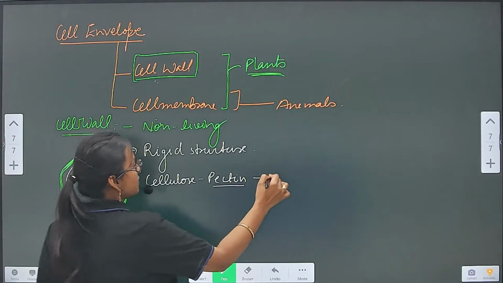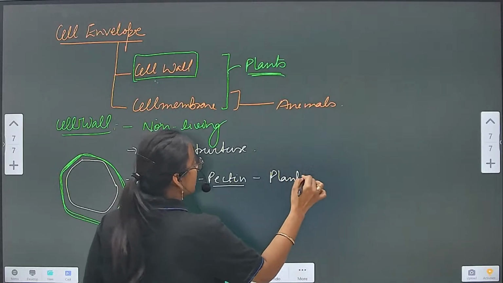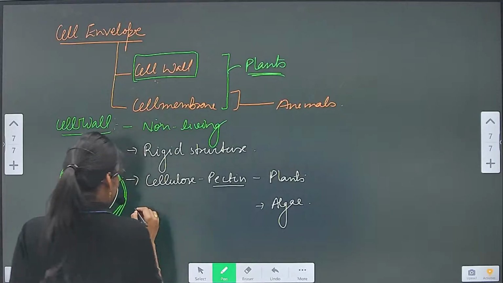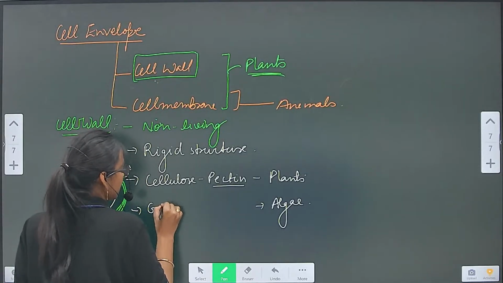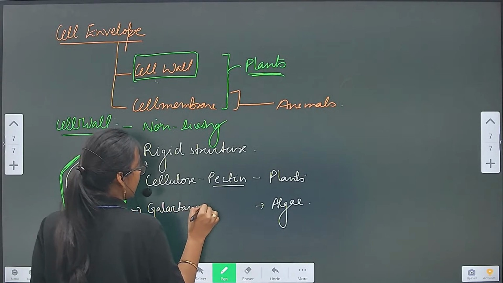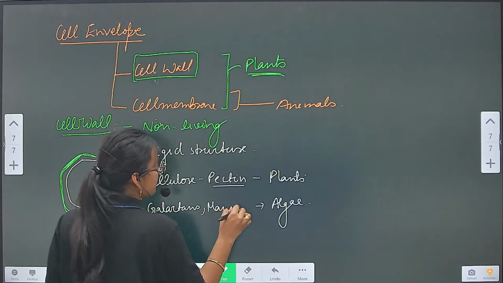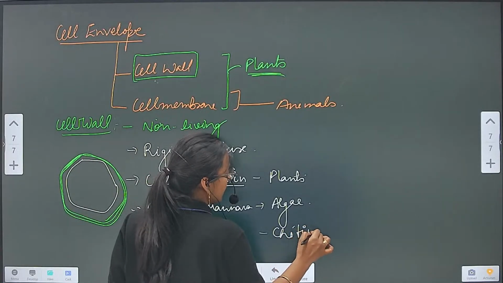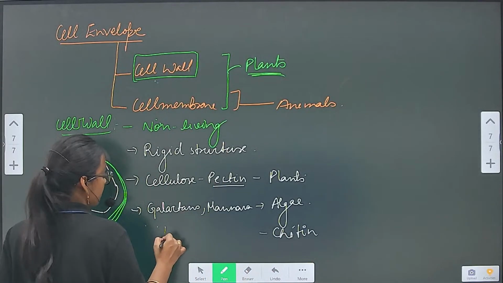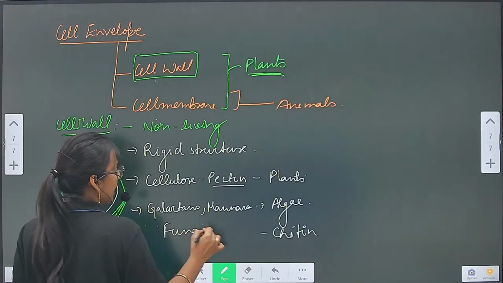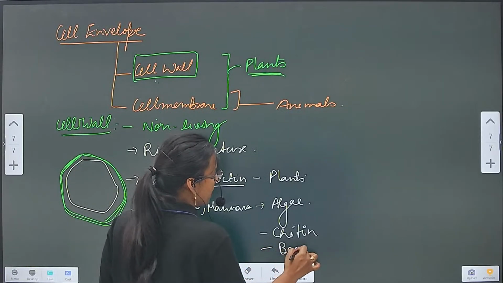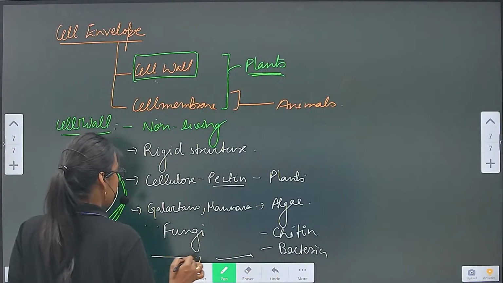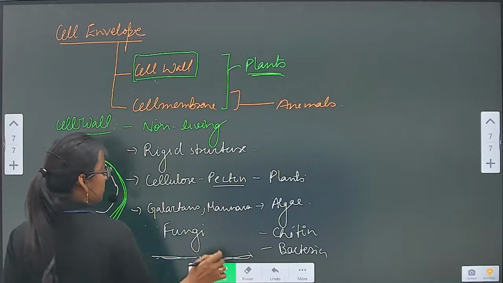in case of plants. But if it is algae, it has additional galactans and mannans. If it is chitin, then it has a different composition, and that is the fungi. And if it is bacteria, we have already discussed yesterday what it is made up of. I hope you guys will recall the composition of bacteria.